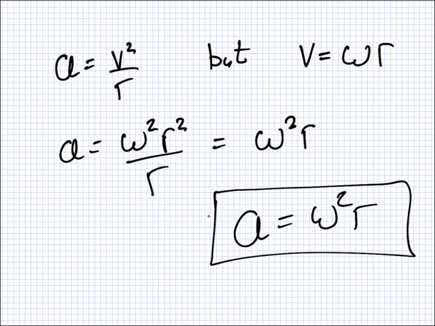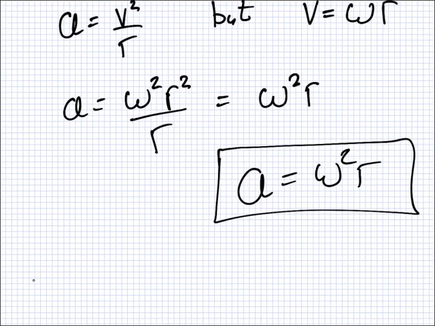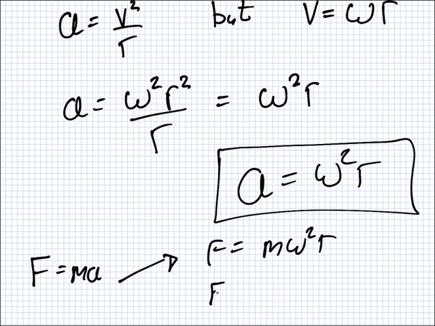Okay. You got that? Continue. Oh, and of course, you can say F equals ma. So you can say F equals m omega squared r, or F equals m v squared over r as well.